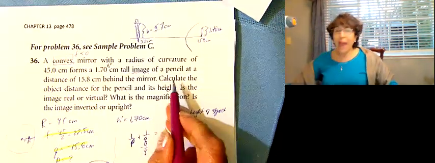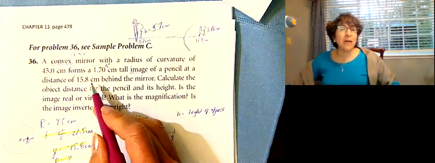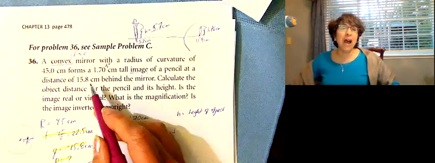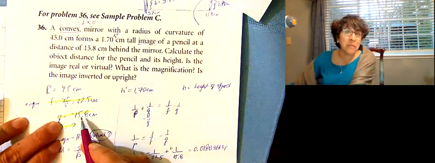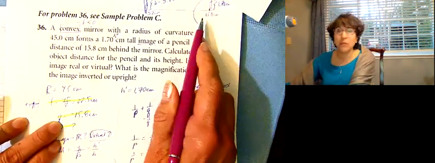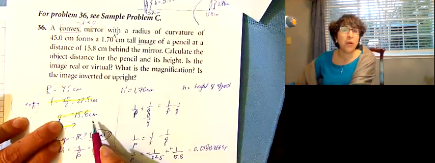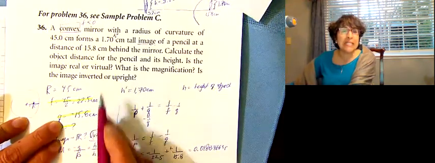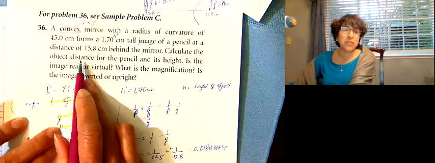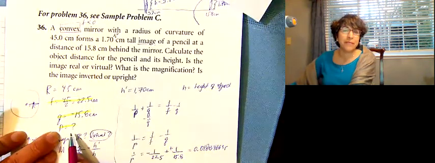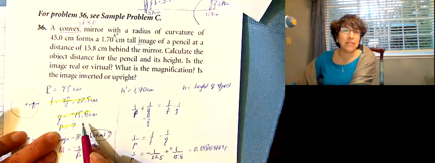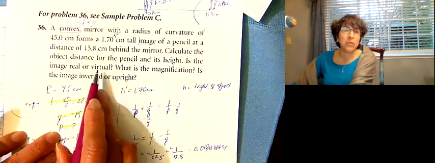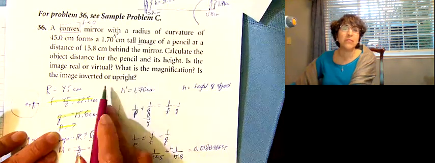And it says at a distance behind the mirror, so I immediately know that Q is negative. It means it's on the opposite side, the right side here. And it's 15.8. They want to know the object distance, so I want to know what P is for the pencil, and they also want to know its height.